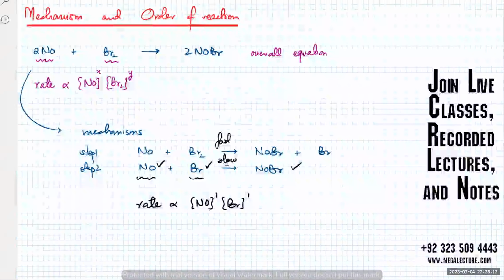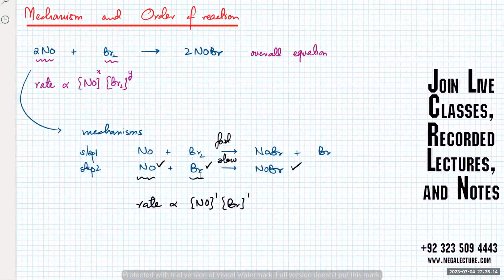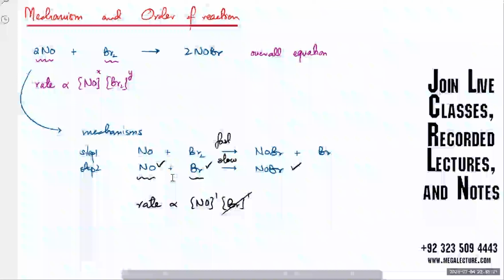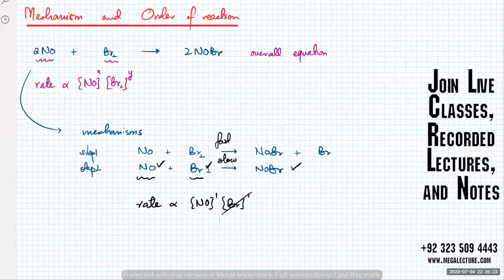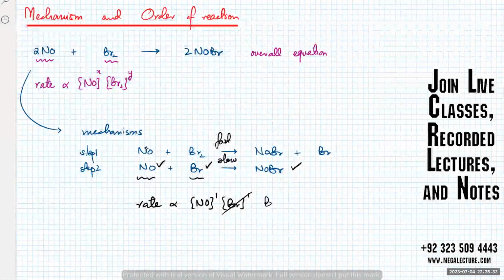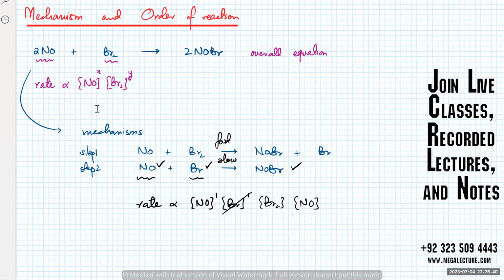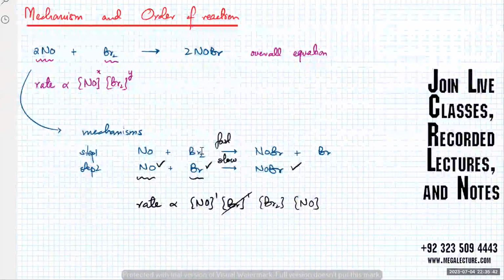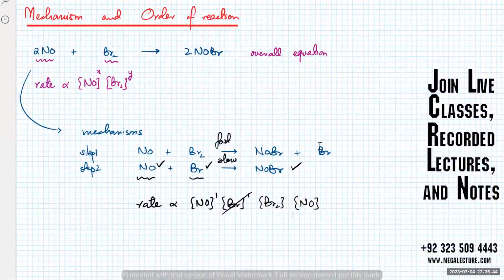The only issue is that your Br is an intermediate, which basically means that your Br was actually produced in the previous step. So when I say that the rate of the reaction depends on the concentration of Br, Br concentration itself is dependent on the concentration of Br2 and NO. Because if NO and Br2 concentrations are high, then Br's concentration is high, right?